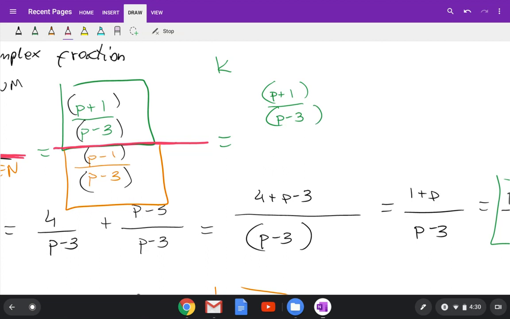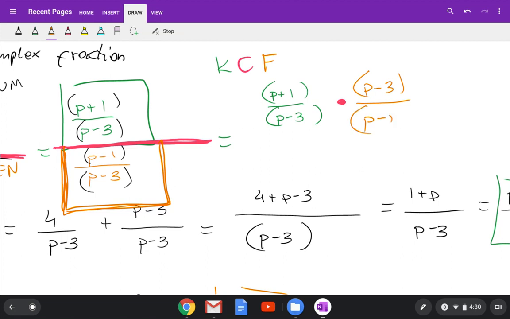Change this fraction bar to multiplication and flip, so change, flip the bottom fraction, which was the denominator of the complex fraction. So p minus 3 is on the top, p minus 1 is on the bottom.